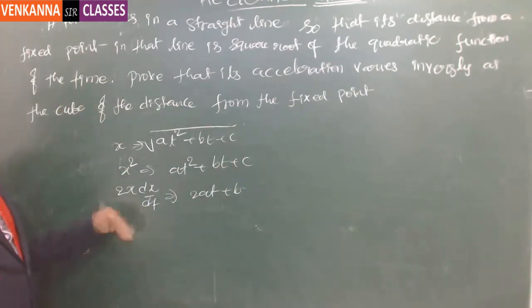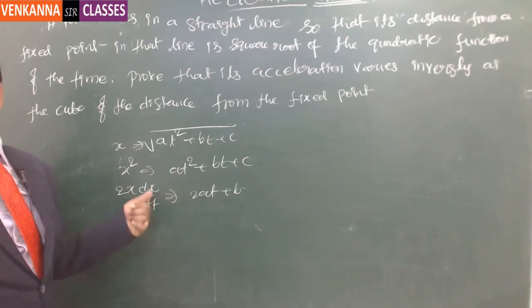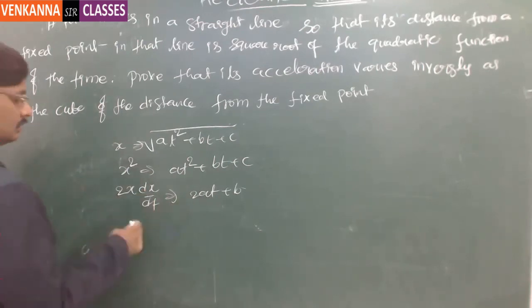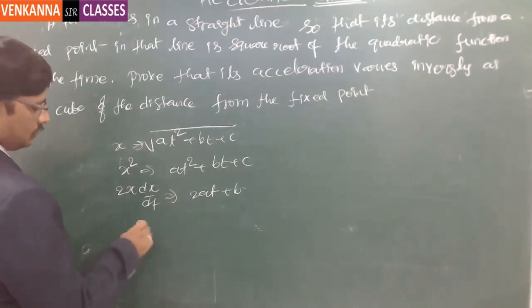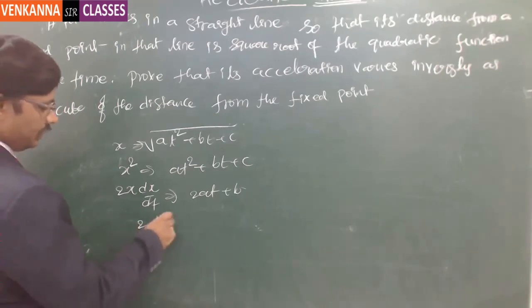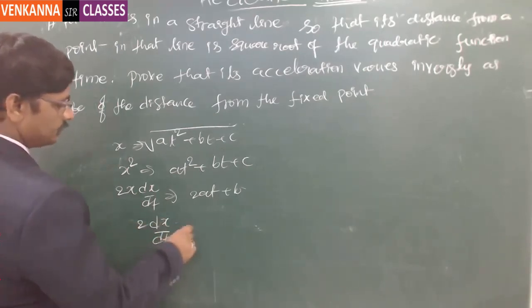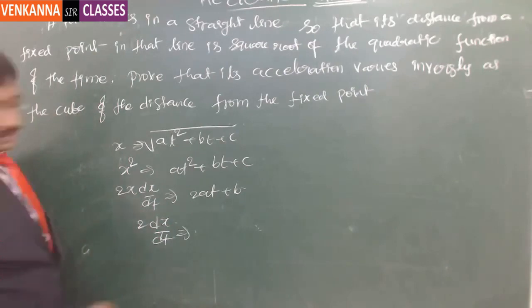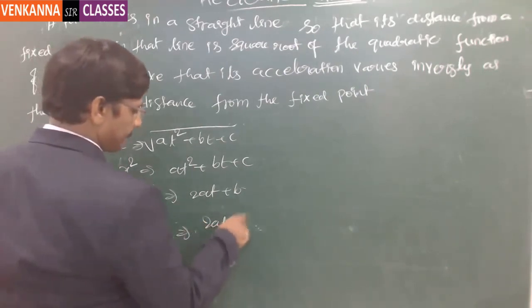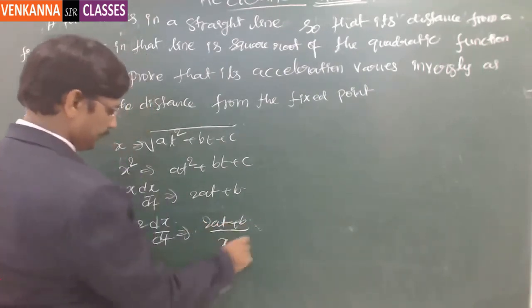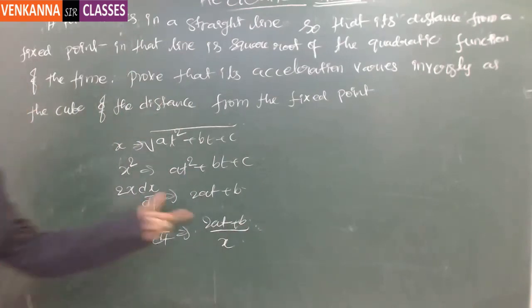Now the acceleration is the derivative of dx by dt. So 2 dx by dt is equal to 2at by x. Just a minute. You try to continue this and then try to solve it.